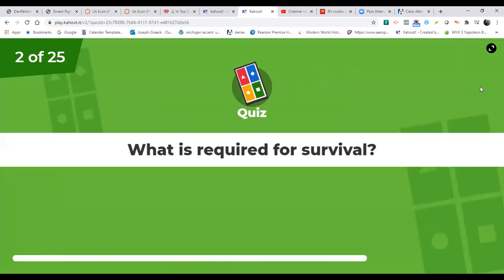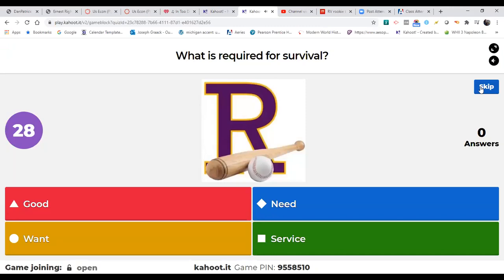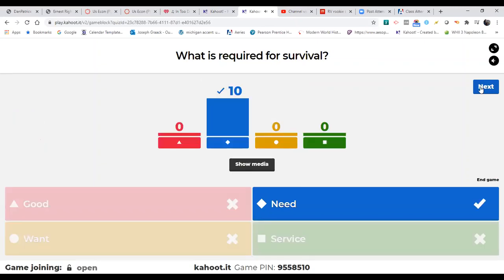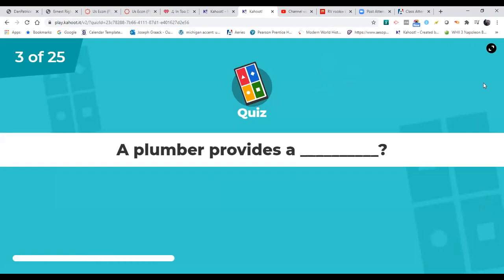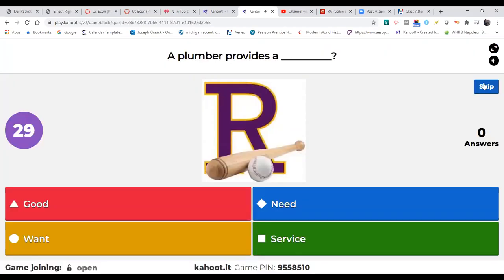Okay, what is required for survival? There you go. A need. Very good. A need is required for survival. Ooh, got some movers uppers. All right, a plumber provides what?